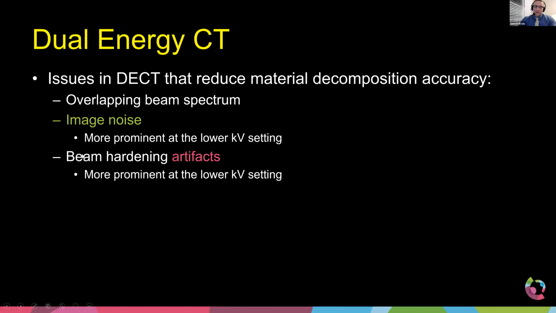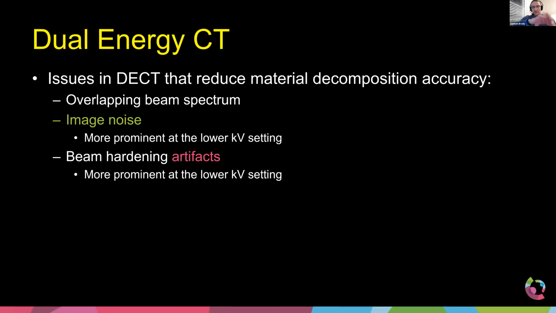One artifact that is detrimental in dual energy is the beam hardening artifact. As you may recall from graduate school or medical school, when a photon enters the body, it interacts with the tissue.